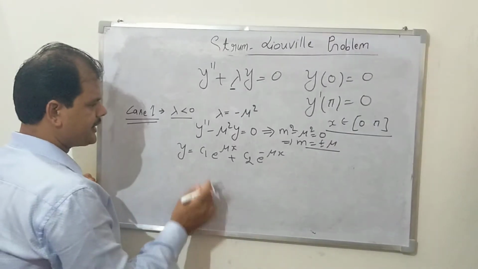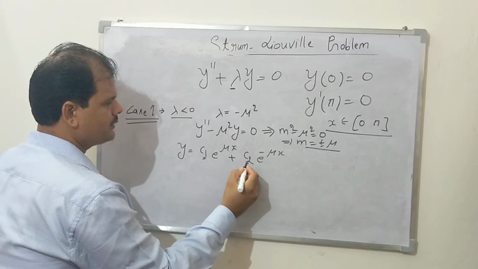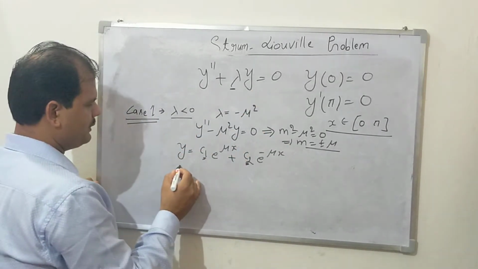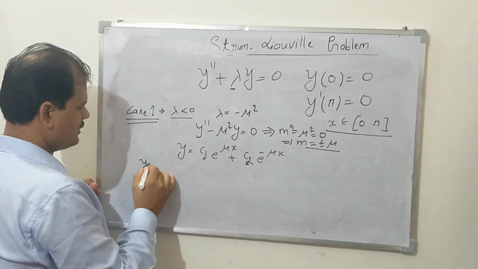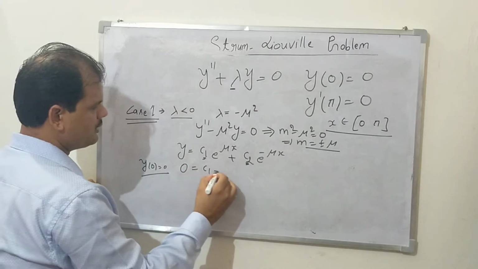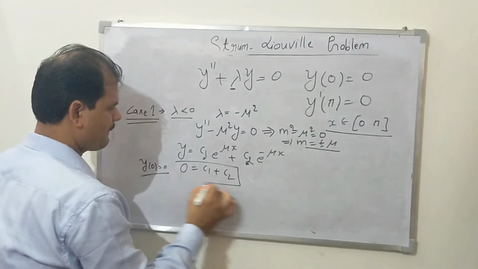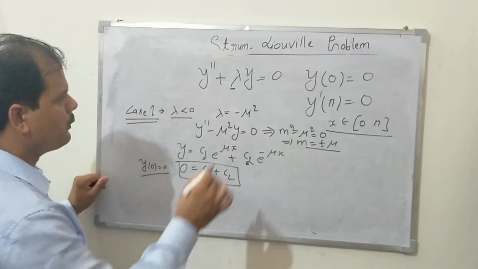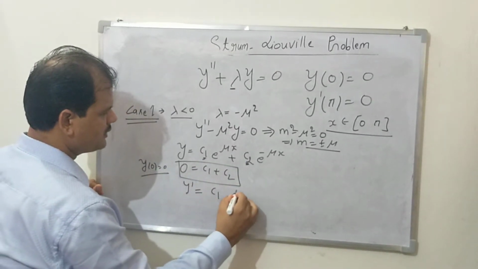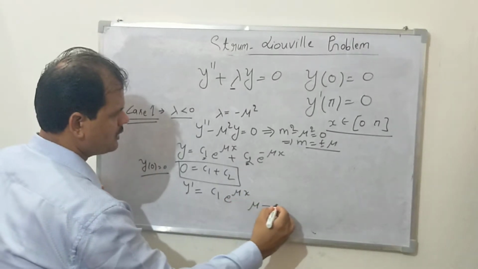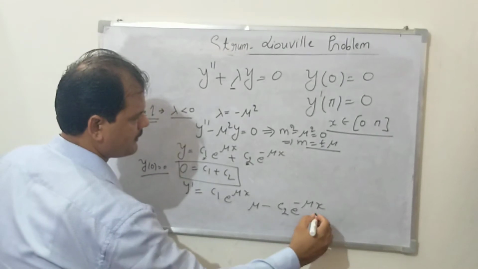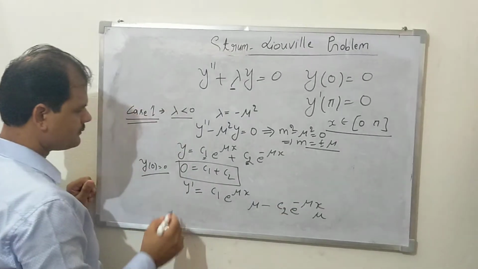Now let us try to get the values of C1 and C2. The first condition, y(0) equal to 0, gives 0 equal to C1 plus C2. Now y dash: first find y dash, which equals C1 mu e^(mu x) minus C2 mu e^(-mu x).